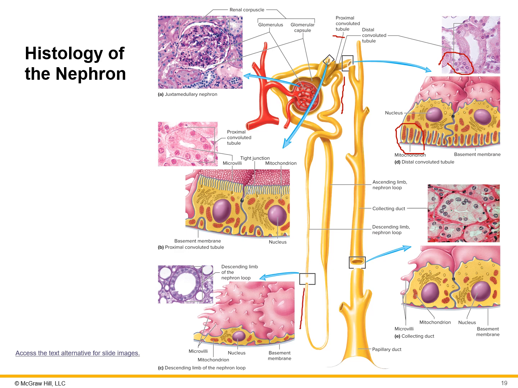Then as we get down toward the bottom of that and begin up the ascending loop, now we're going to have these more simple squamous cells. They're going to start flattening out. Then as we move up that ascending limb and then into the distal convoluted tubule, now we're back to those simple cuboidal cells. But again, fewer microvilli there than what we have with the proximal tubules.